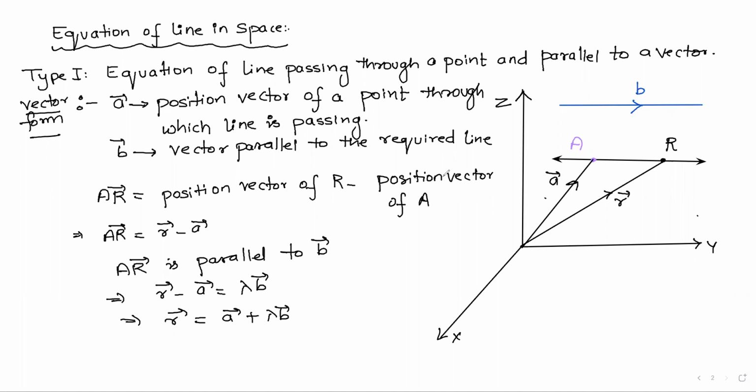Observe, only the result is required. I will not ask you the derivation. But why lambda? We know that if two vectors are parallel, then any vector will be lambda times of another. And we are using this symbol because it is given in the standard book.